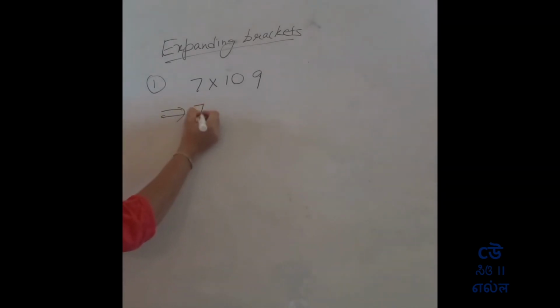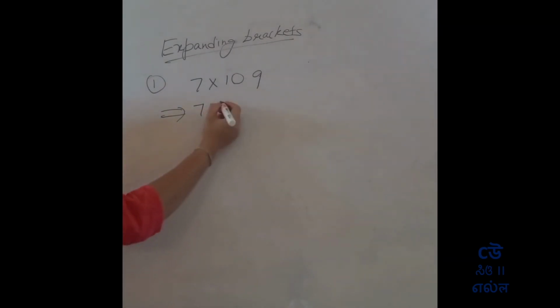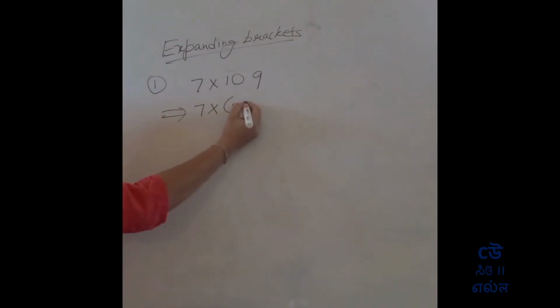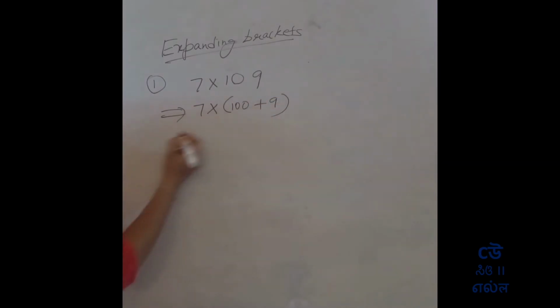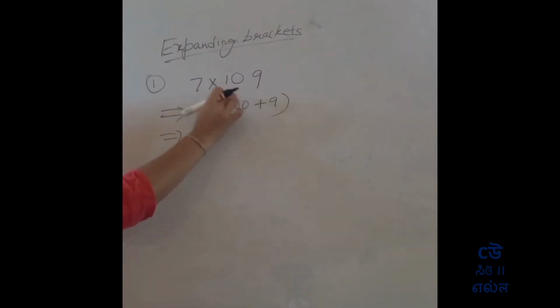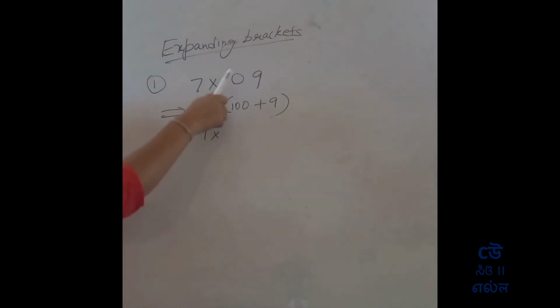So how do we expand 109? 109 can be expanded as 100 plus 9. First solve what is in the bracket, children. Next, 7 into, if you solve what is in the bracket, again you will get the same answer, 109 into 7. So what should we do here?